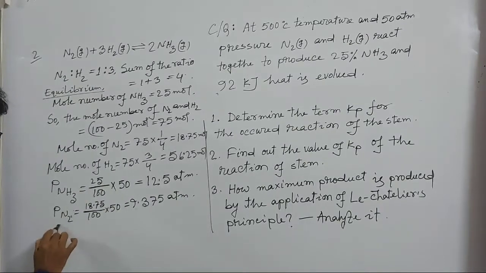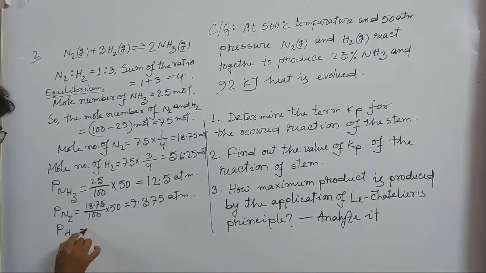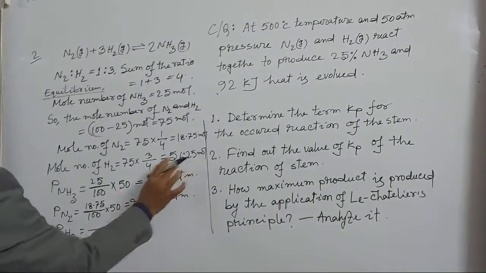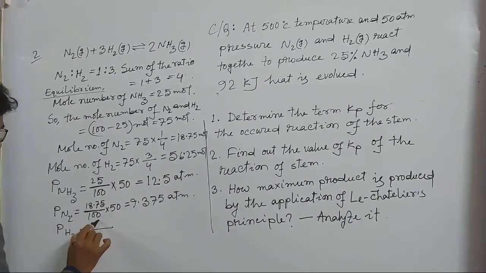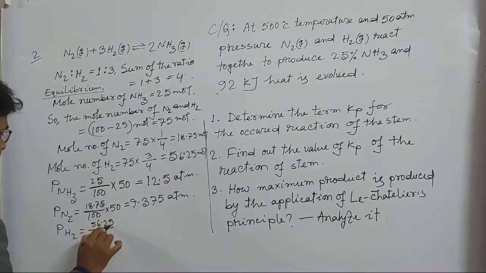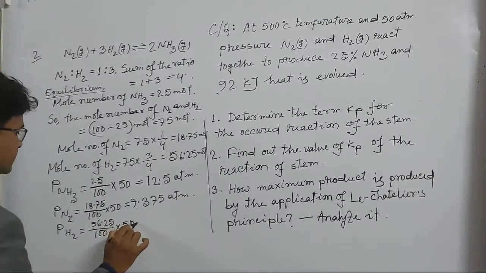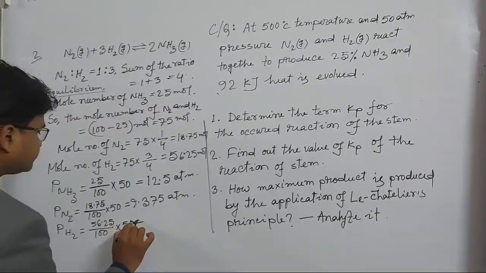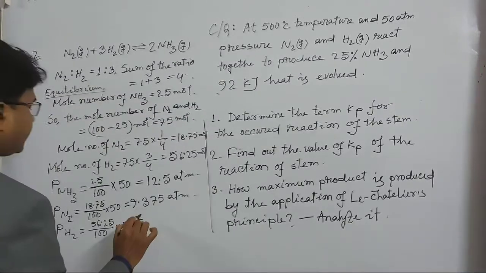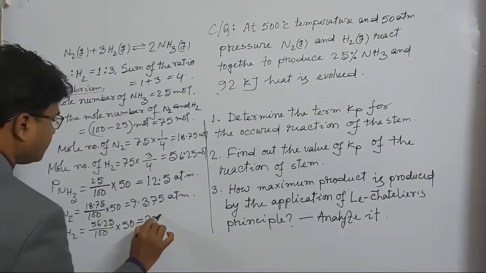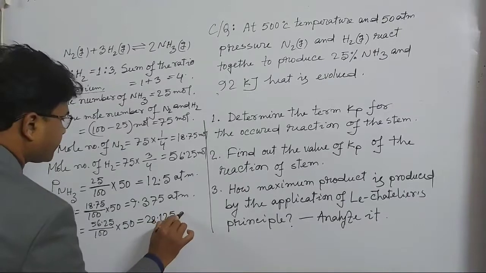And partial pressure of hydrogen is equal to mole number of hydrogen 56.25 divided by total mole number 100 into 50, which is equal to 28.125 atm.